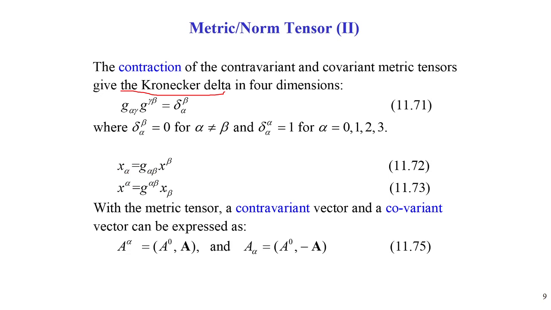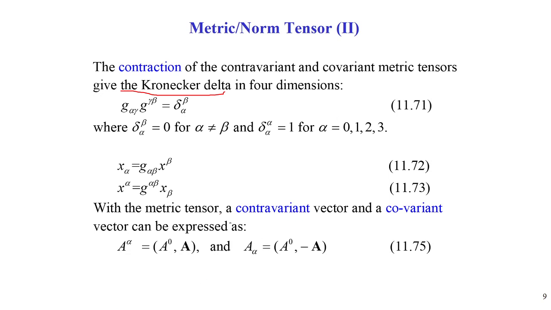If you want to raise this one from a subscript to a superscript, just multiply by G alpha beta and sum over beta. So with the metric tensor, covariant vectors and contravariant vectors can be expressed in this form.